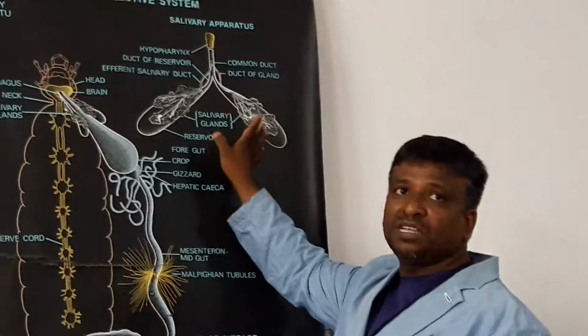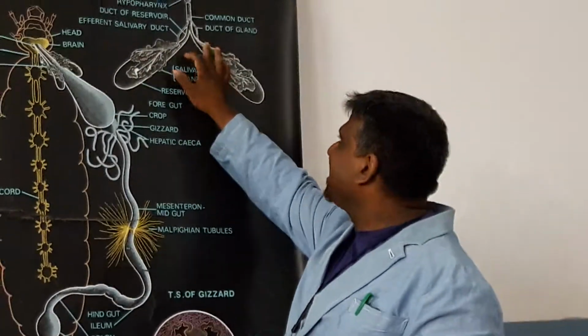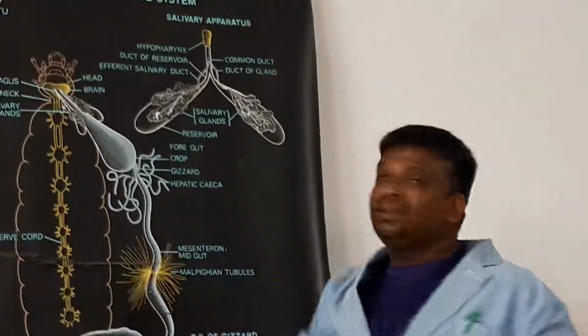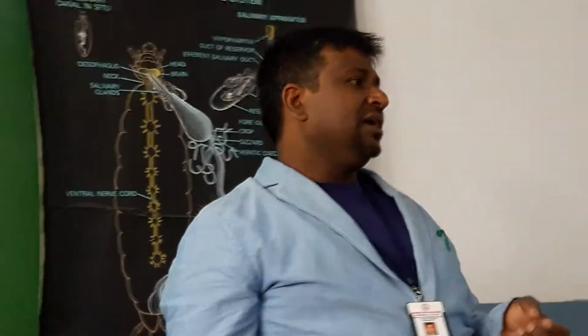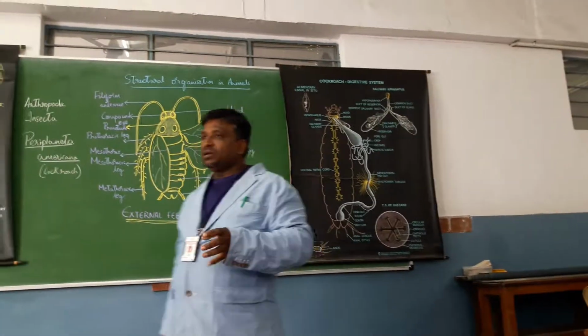You have a pair of reservoirs and a pair of salivary glands. They secrete the saliva, which is brought through the common duct into the mouth region, where the tongue mixes the saliva with the food to form semi-solid structures. So you have to remember this process of digestion in the cockroach.